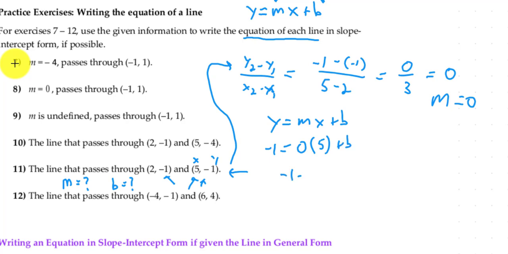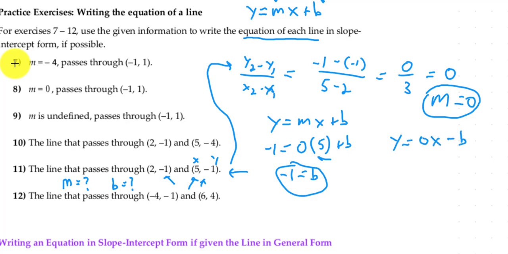So you can see negative 1 equals b, right? Because 5 times 0 is 0. So if I know m and I know b, I can write y equals 0x plus b, which is negative 1. Oops, negative 1. Or you get y equals negative 1. Okay? I think I have time for one more. I'm going to squeeze in number 12.